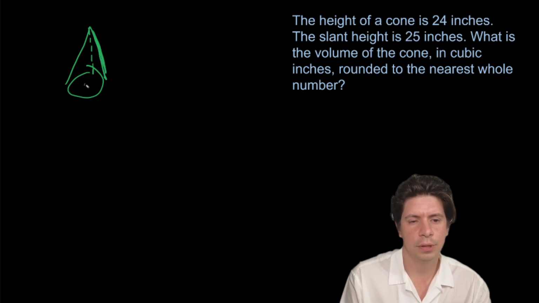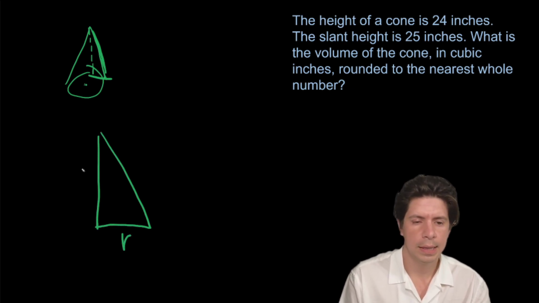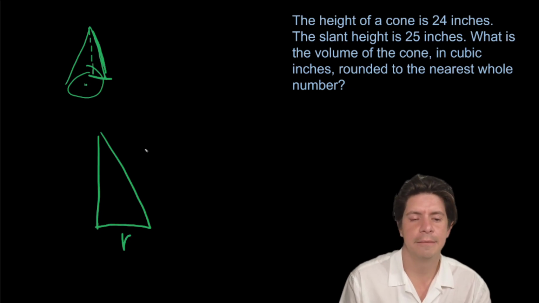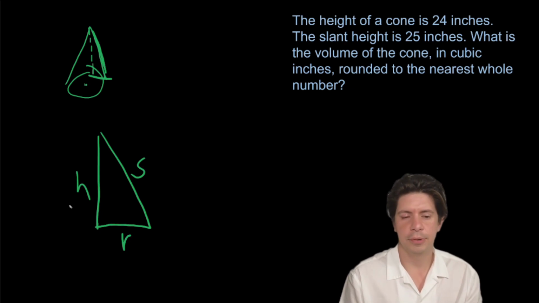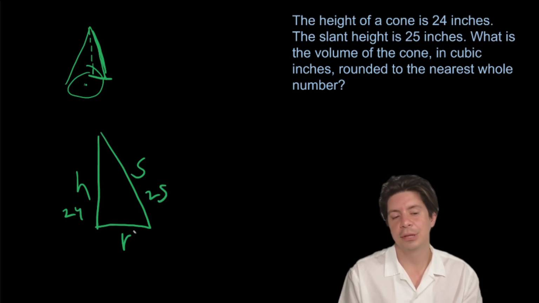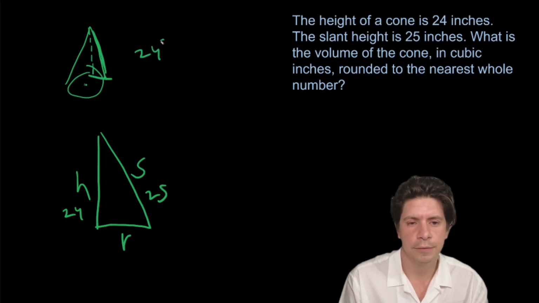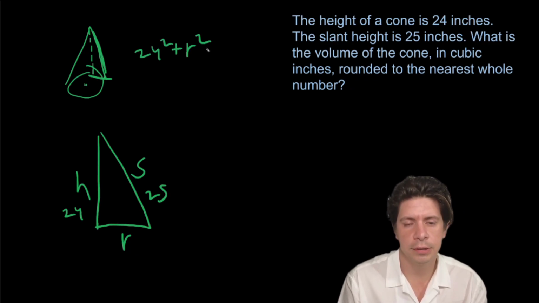So with the radius, it's going to make a right triangle. So we'd have something like this. R. Then we're going to have S, and let's call this H. So H here is 24. This is 25. We can do the Pythagorean theorem to find R, and then we can find the volume. So we'll do 24 squared plus R squared equals 25 squared.